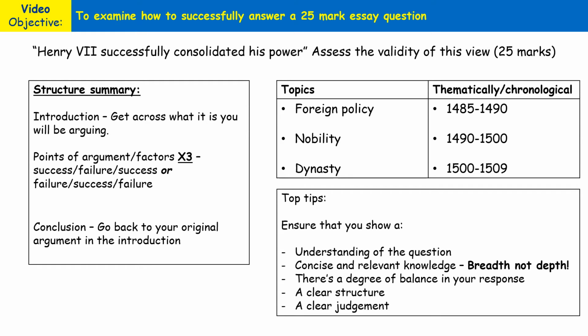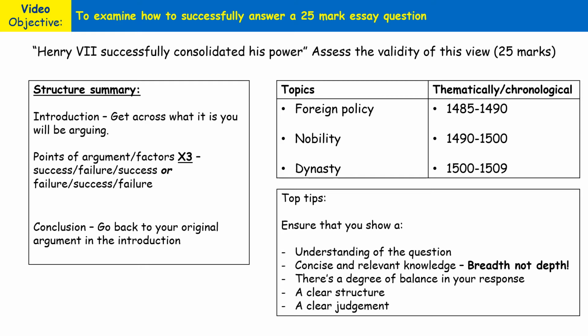However, your paragraphs should be weighted to either writing overall that Henry Tudor, for example, successfully consolidated his power and give 2 reasons or factors behind that and 1 failure, or if you actually think overall that Henry VII, for example, didn't successfully consolidate his power, so actually he failed overall to consolidate his position on the throne, then you would write a paragraph on him failing, then a paragraph on a success, and then a paragraph on him failing again.